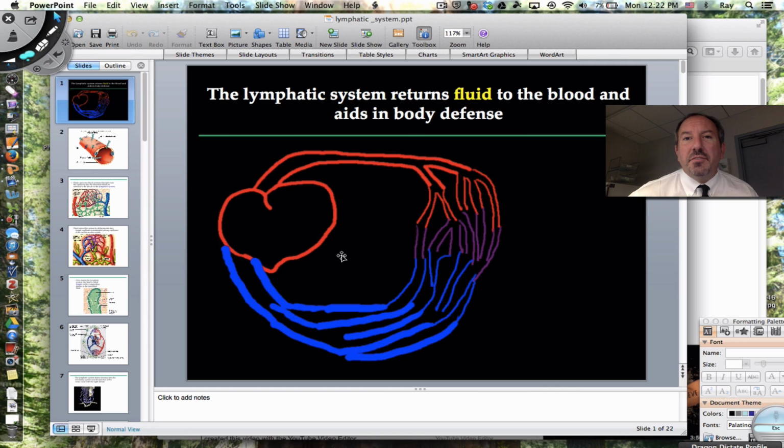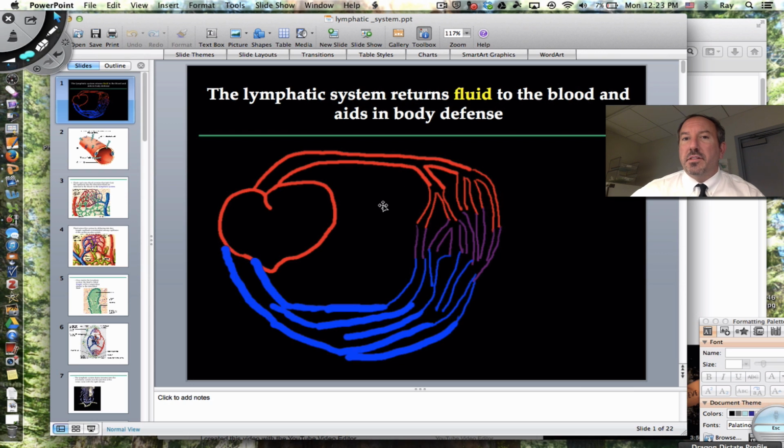Yeah, that's right. We have a system in our body that is, I will say, very similar to the cardiovascular system. As you can see here, I drew a kind of primitive drawing of the cardiovascular system here.